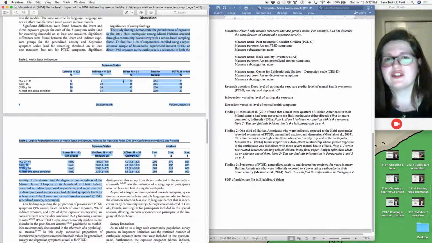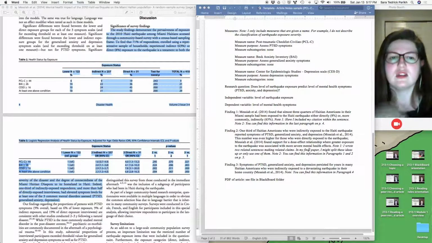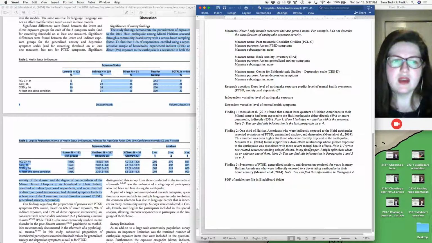So you want to make sure you're actually looking beyond the abstract. Although the abstract would be another good place to find these findings, make sure you're looking at more than just the abstract in the first page. You really want to look through the entire article. And again, I understand you're probably not going to understand all of it yet because you just don't have that training yet, but you need to start looking at it.